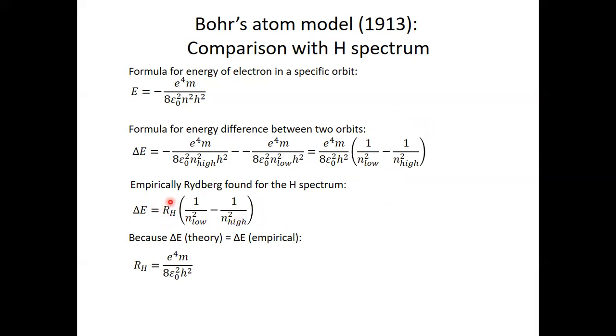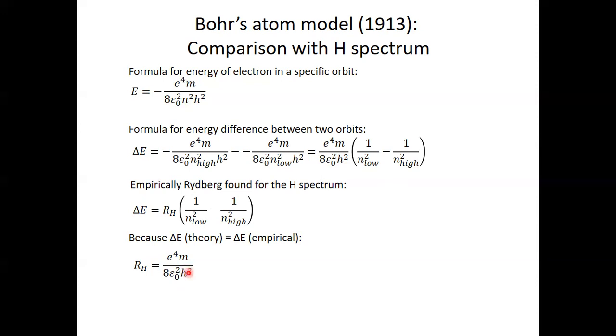Here we had the empirically found Rydberg constant, RH, and here we had this theoretically derived constant. Now one can just explicitly calculate the value of that constant, just by multiplying and dividing all these individual constants with each other, and we'll find that this matches exactly that. So RH is actually exactly e to the power 4m over 8 epsilon 0 square h squared.